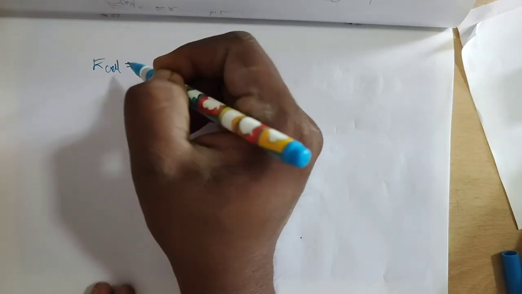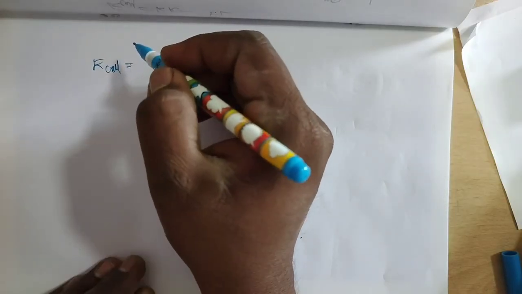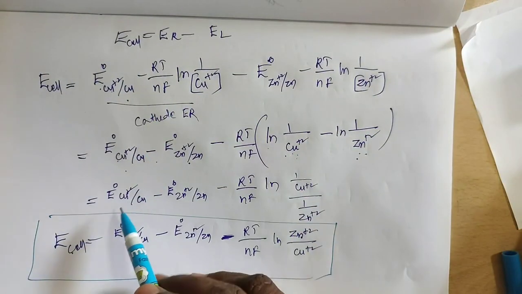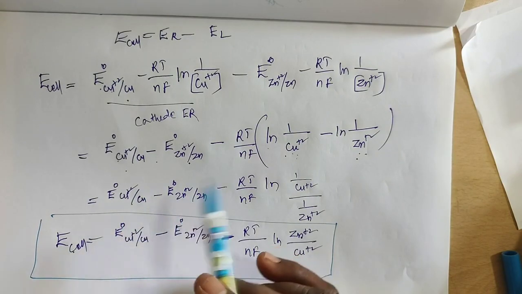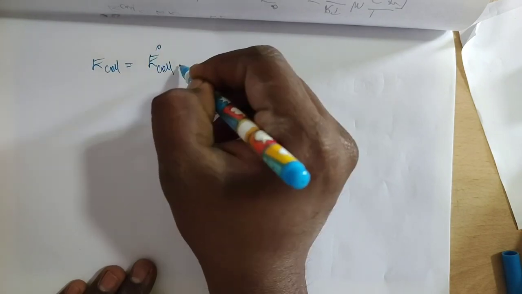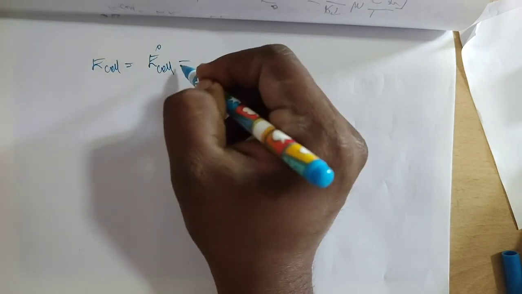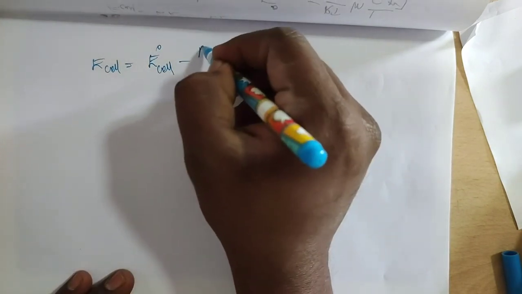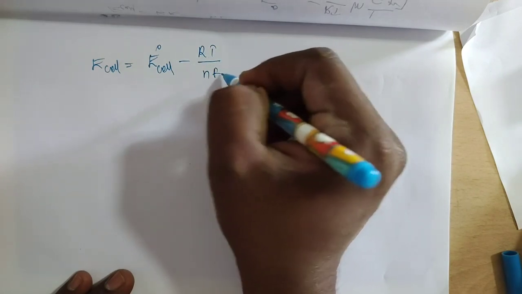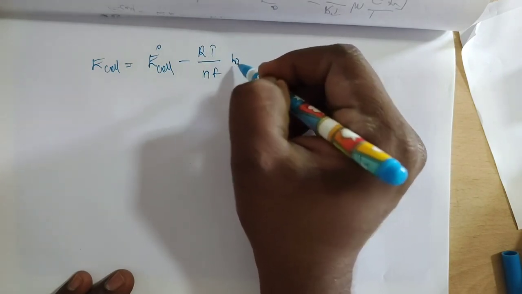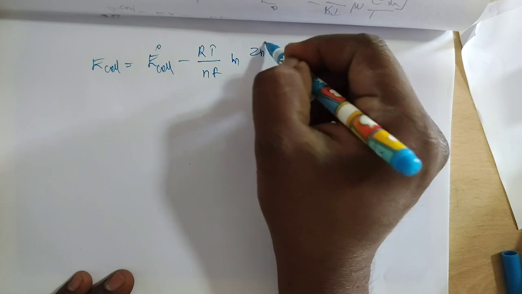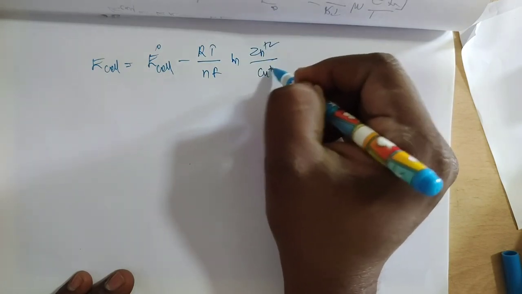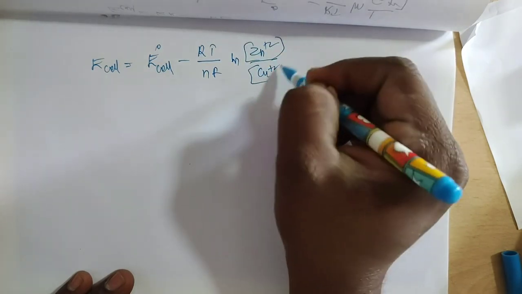So you directly take the E0 cell of the copper and the E0 of the zinc. E cell equals E0 cell minus RT/nF ln Zn+2/Cu+2 concentrations.